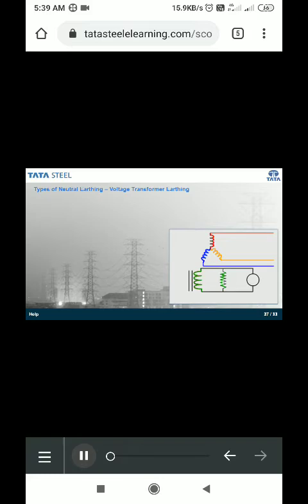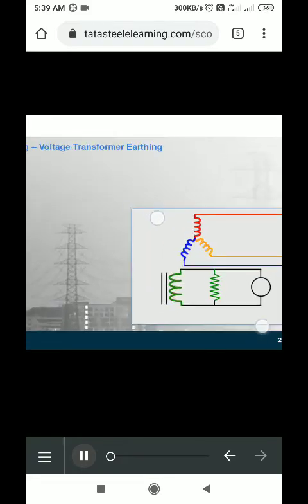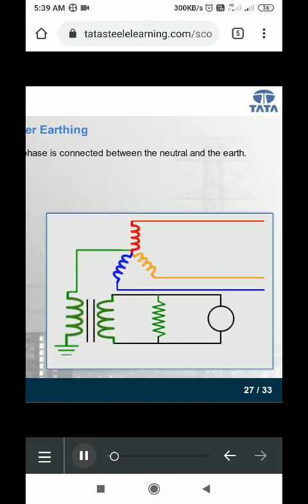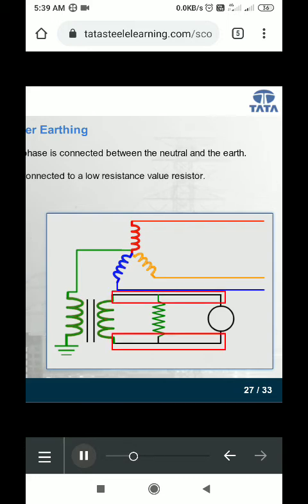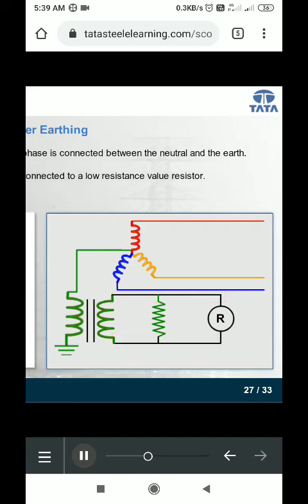The next type of earthing is voltage transformer earthing. In this method of earthing, the primary of a single phase transformer is connected between the neutral and the earth. The secondary of the step-down voltage transformer is connected to a low resistance value resistor. Let us now look at the advantages of this system.